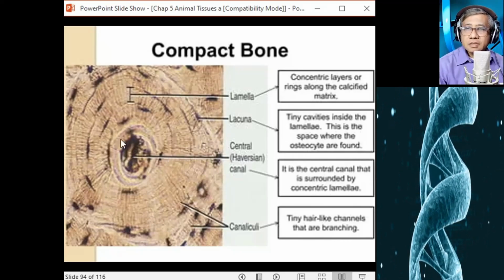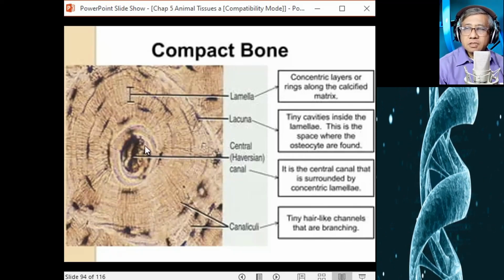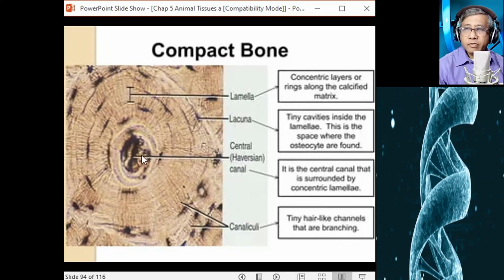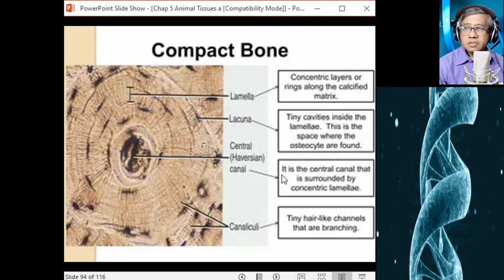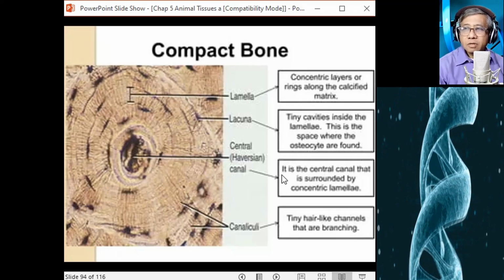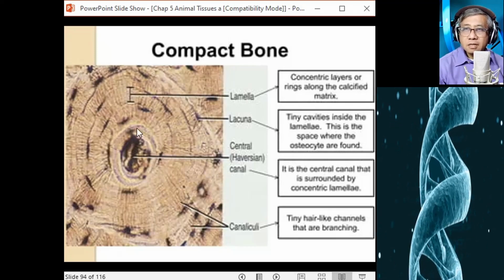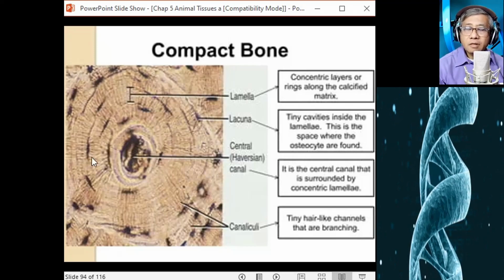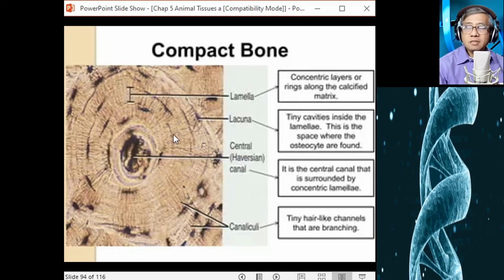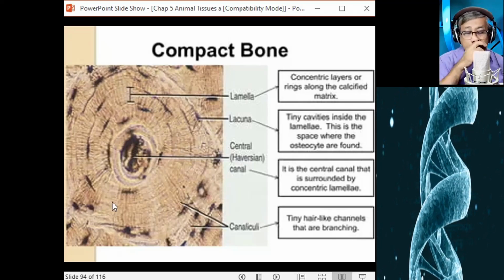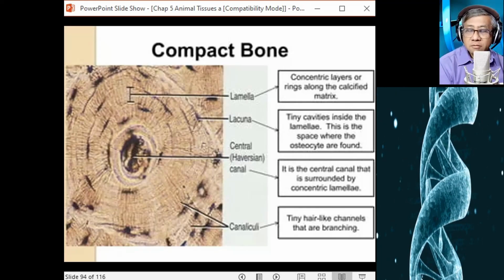Then at the center of the osteon is a central canal or Haversian canal. So this is the central canal that is surrounded by the concentric rings of extracellular matrix. Ang laman ng central canal are blood vessels and nerves.